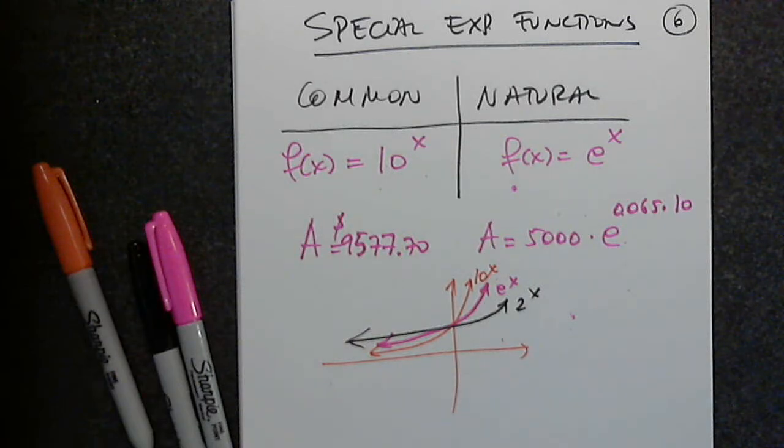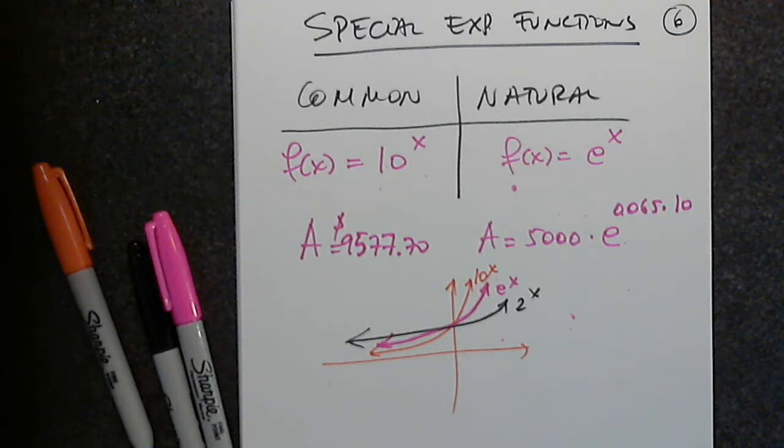And if you want to convince yourselves that as the base gets higher and higher, the function gets closer and closer to the y-axis, I'm going to put them from small to large. 2 to the x, the next one e to the x, which is the natural exponential function, and the last one the common exponential function, 10 to the x.